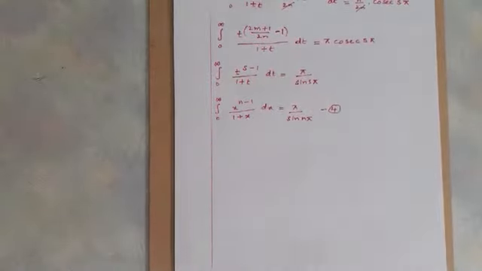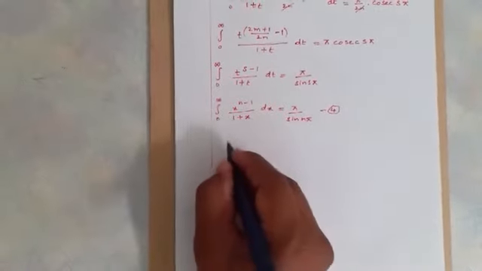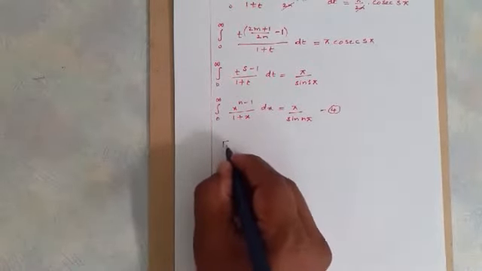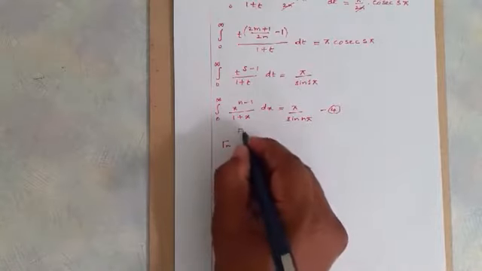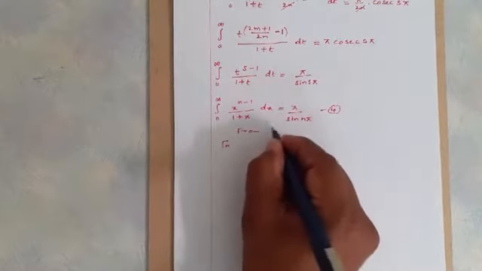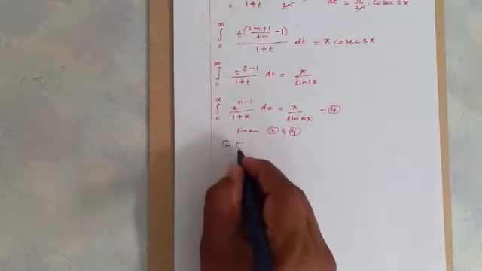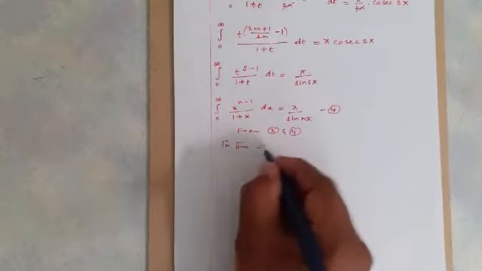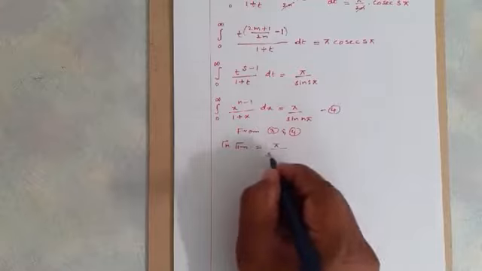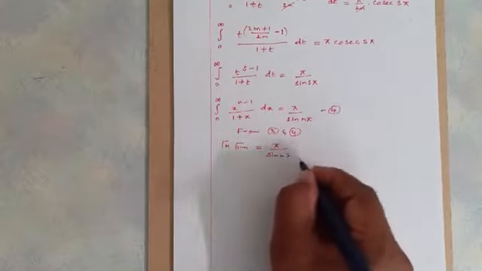Now from equation 3, which is nothing but gamma n, from 3 and 4, gamma n into gamma 1 minus n is equal to pi upon sine n pi, hence proved.